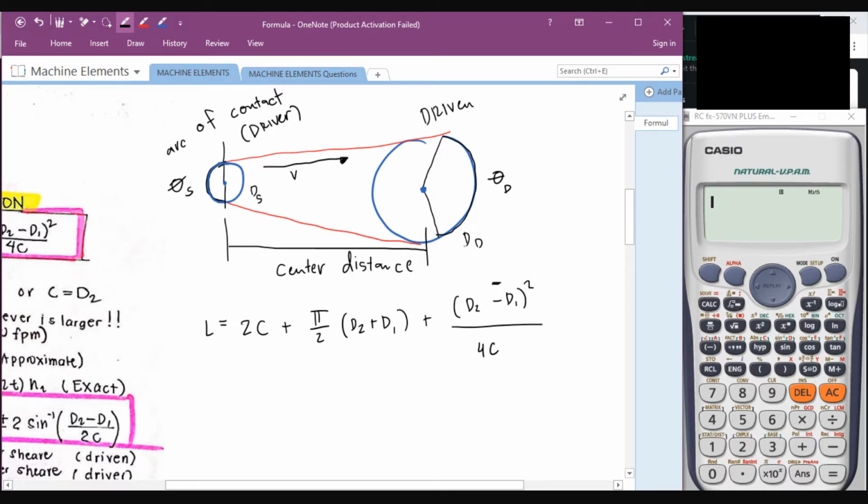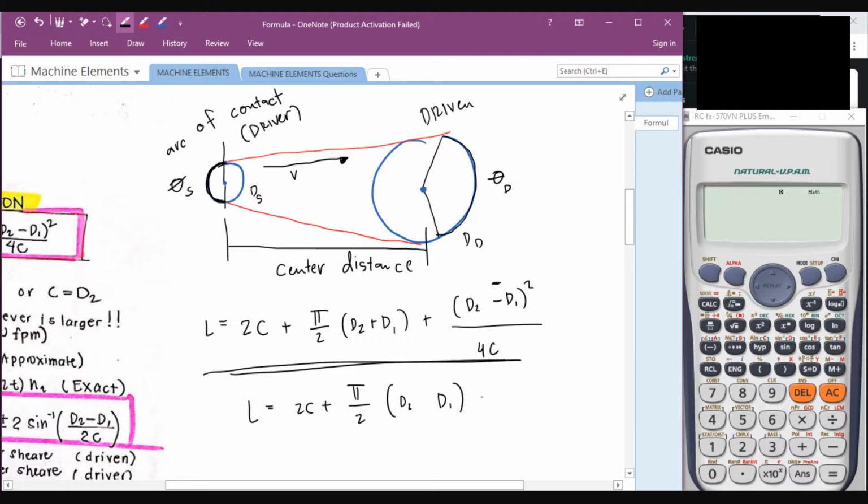Hindi ka magko-cross dyan. Ngayon, pag cross belt, L equal to 2C plus pi over 2 D2 D1. Lagay mo muna, huwag mo na lagay yung mga plus and minus.